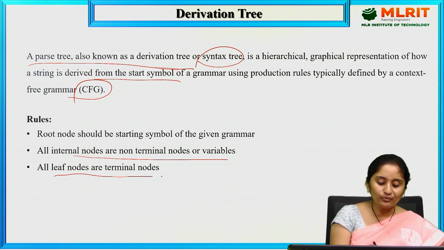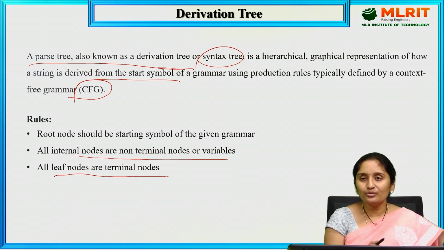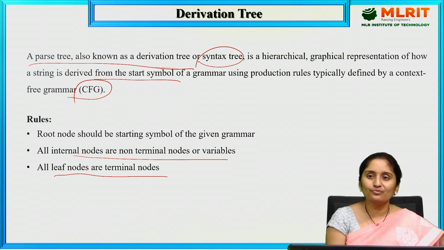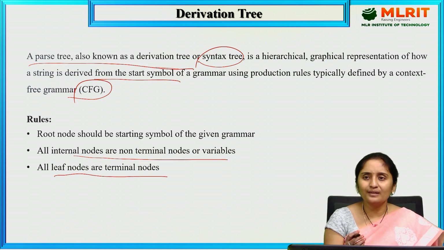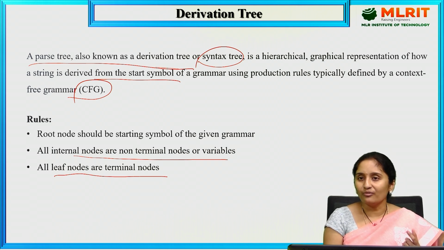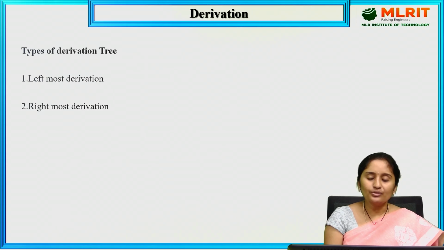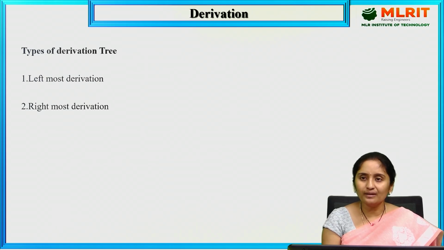All the leaf nodes are terminal nodes, which are written in small letters. The root node is the start symbol of my production. By applying those rules, we derive the trees.